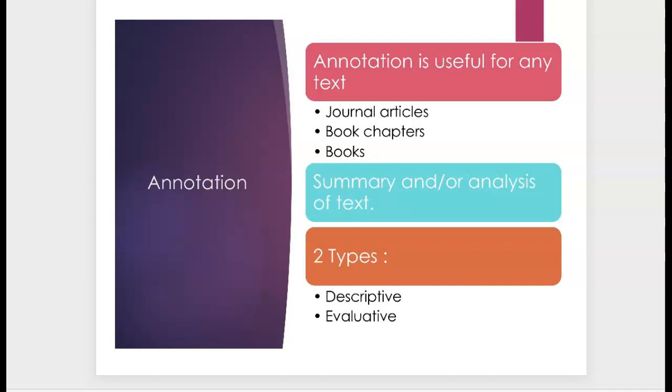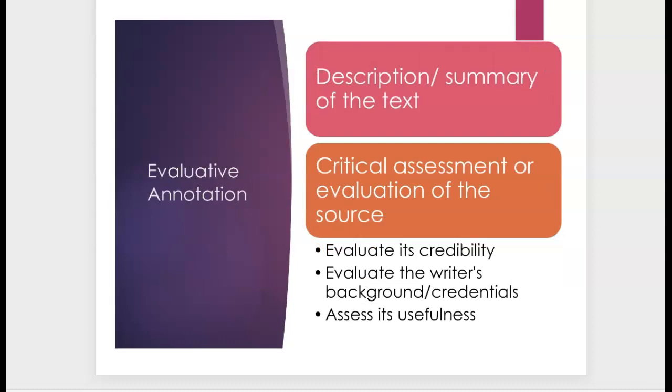So what is an annotation? An annotation simply means a brief summary or description of a text. And annotations typically take two forms, descriptive or evaluative. The kind of annotation I'm asking you to do is an evaluative one. Evaluative annotations, briefly in 150 words or one paragraph, do a couple of things.